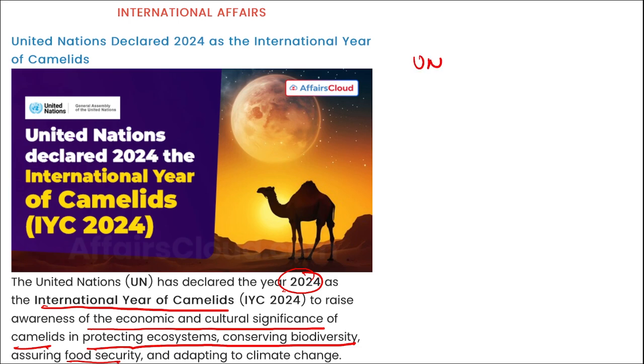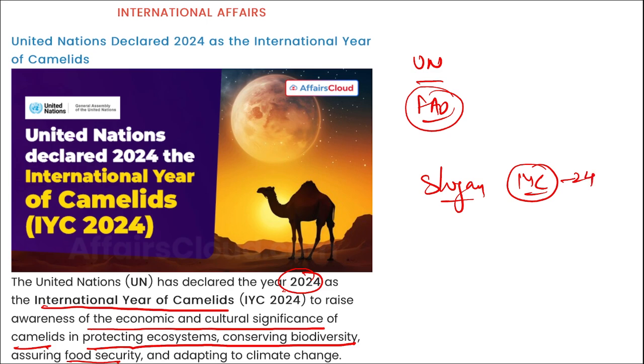Then FAO, the Food and Agriculture Organization, is the lead agency for celebrating this International Year of the Camelids 2024. Then there is a slogan for this IYC 2024, that is Heroes of Deserts and Highlands, Nourishing People and Culture.